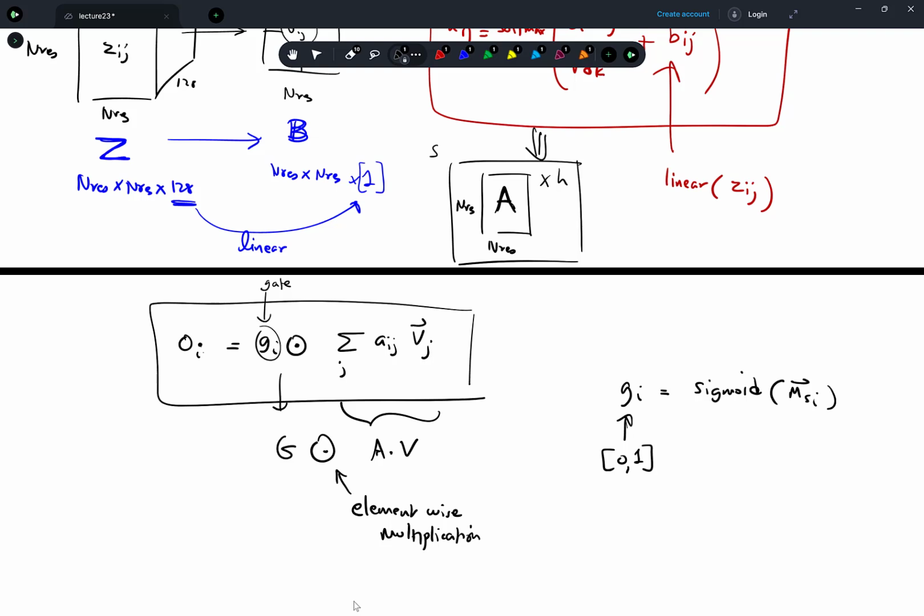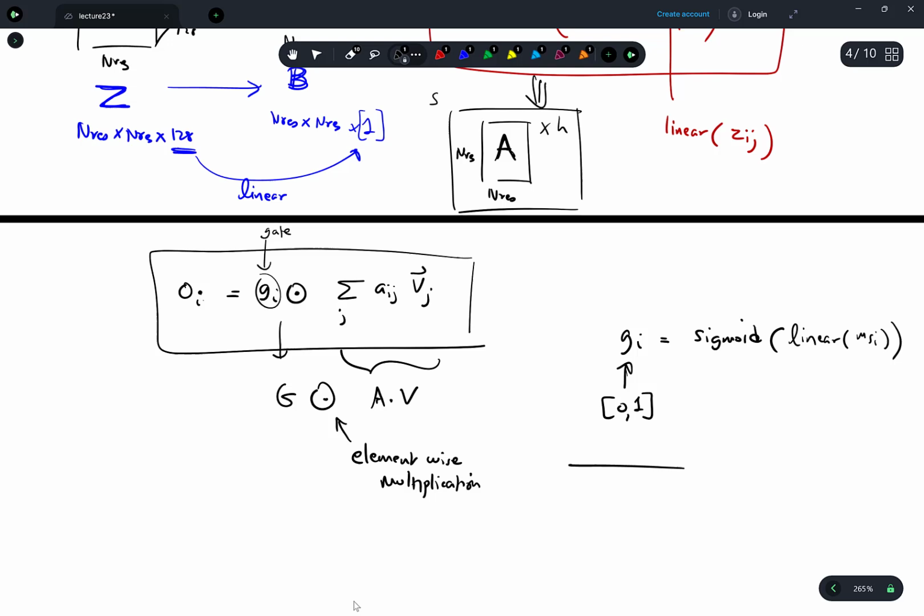Sorry, actually it has to be linear here, otherwise it will not work. So take your 256 dimensional vector, map it down to a single neuron, and then apply a sigmoid. So that's what G_i is.